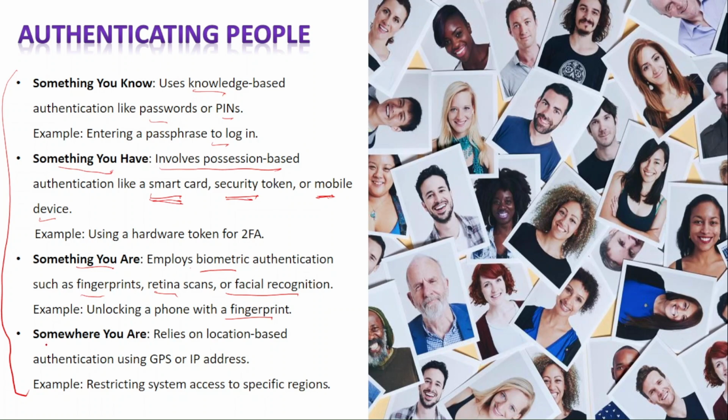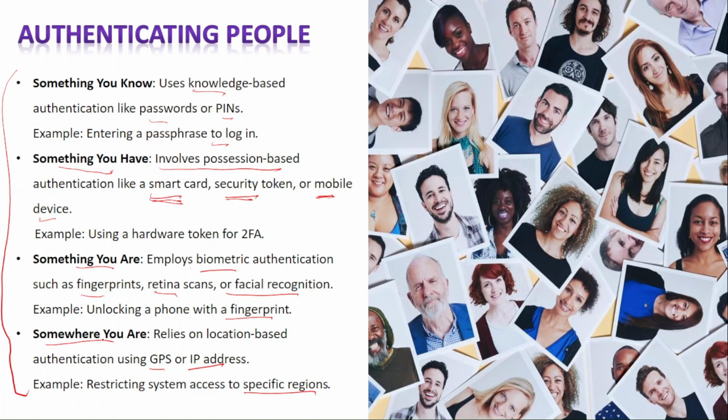And the last one is somewhere you are. It relies on location-based authentication using GPS or IP address. Example, restricting system access to specific regions. For example, there may be a service or a website that is prohibited for access inside certain countries.